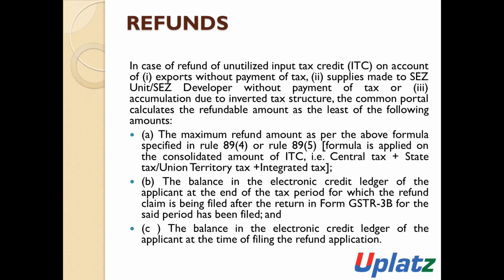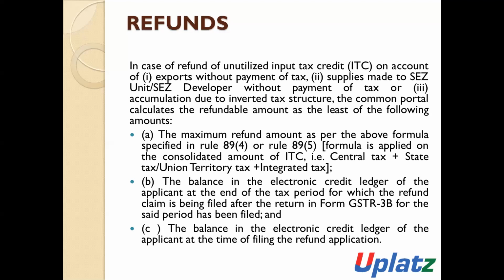So we will check the balance of the electronic credit ledger, then the refundable amount will be the least of the following. The least amount will be considered as the refundable amount.